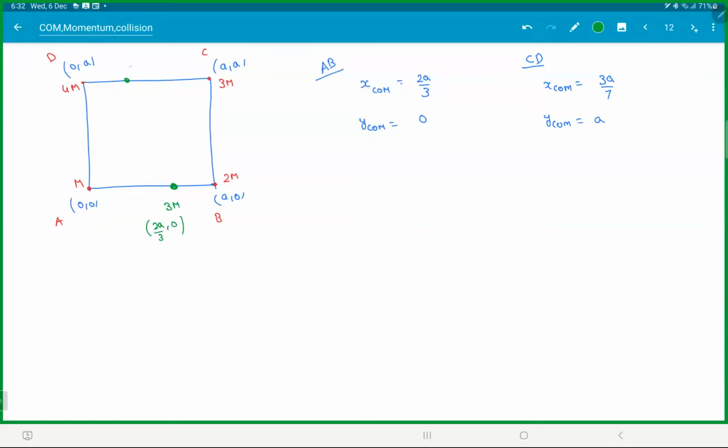Replace CD with a mass 7M at (3A by 7, A). Now when you find the center of mass of these two, you get the center of mass of A, B, C, D.